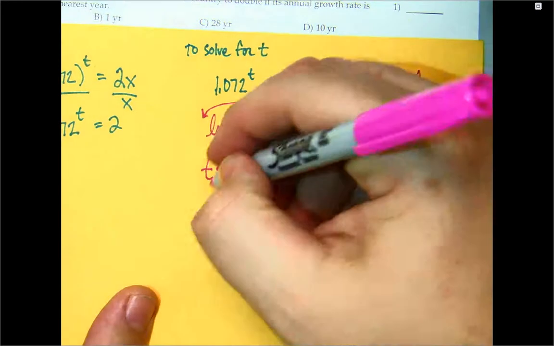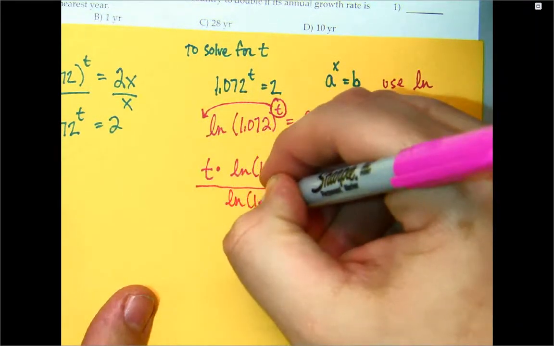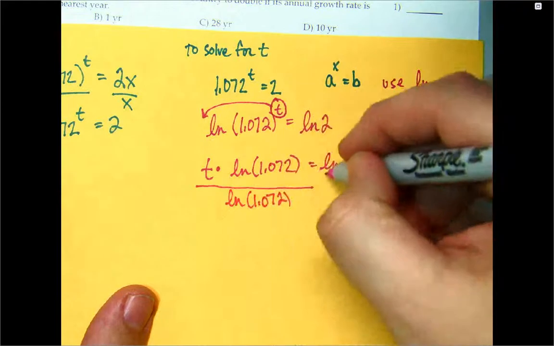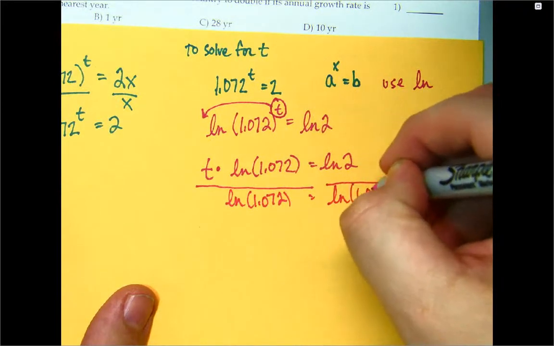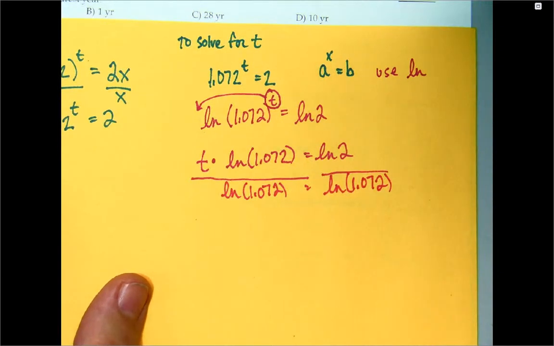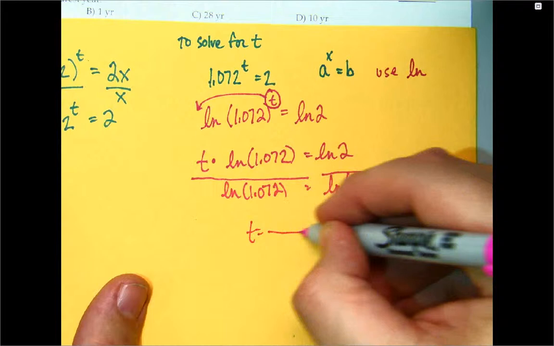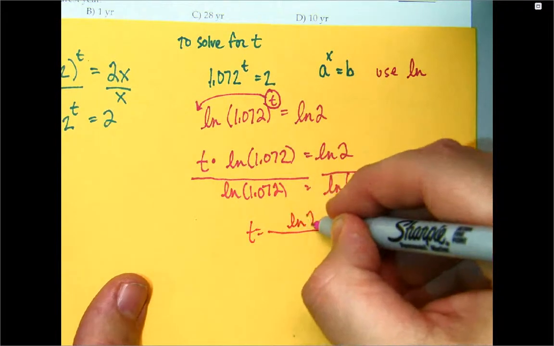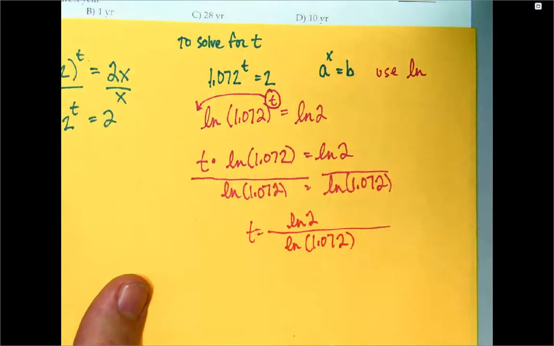So divide both sides by the natural log of 1.072. So t is equal to the natural log of 2 over the natural log of 1.072. Now you dump it into the calculator.